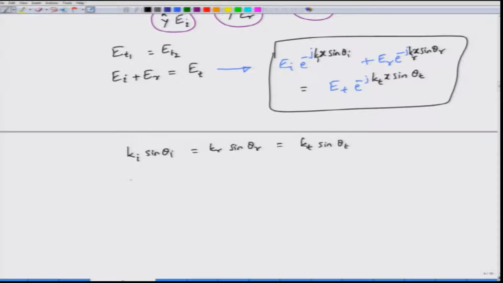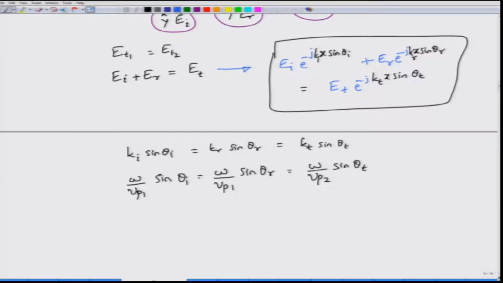However, ki is nothing but omega by Vp1, which is the phase velocity in medium 1, sin theta I is equal to omega by, what is the phase velocity for the reflected wave? It is the same as the incident wave, correct. So, you have omega by Vp1 sin theta r, which must be equal to omega by Vp2 sin theta t.